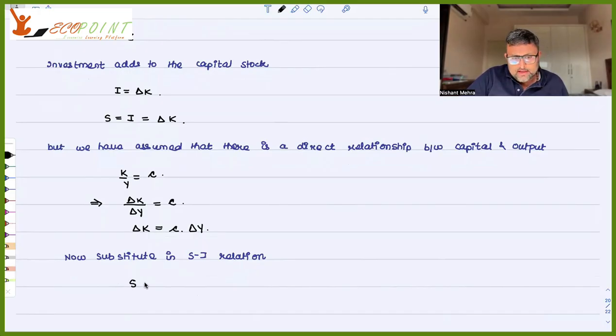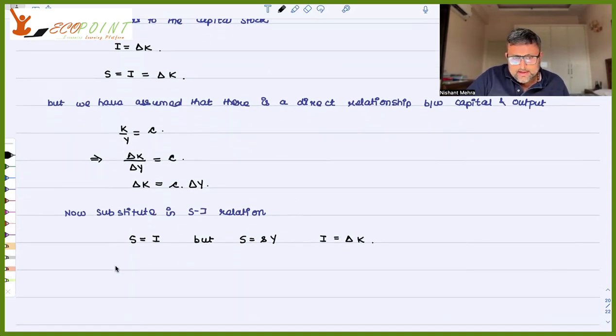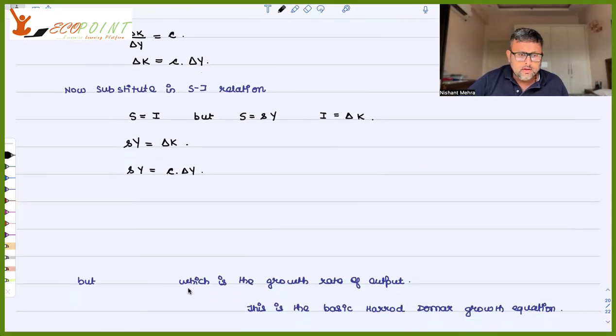We have S equal to I, S is equal to sY, and I is equal to delta K. So in place of S, I can write sY, in place of I I can write delta K, and in place of delta K, I can write c delta Y.